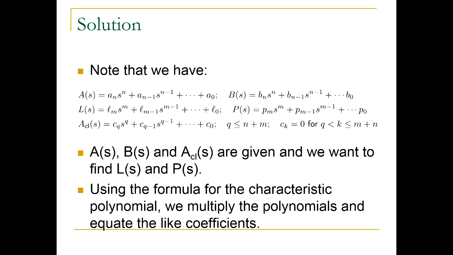I need to find the polynomials L and P, and by finding them, I mean finding all of the coefficients in these polynomials. So the unknowns that we are looking for are coefficients in polynomials P and L. I know coefficients in polynomials A and B, and I know coefficients in polynomial ACL. That's the problem setup. I know the Ci's, the Ai's, and the Bi's, and I don't know the Li's and Pi's. I need to find them.